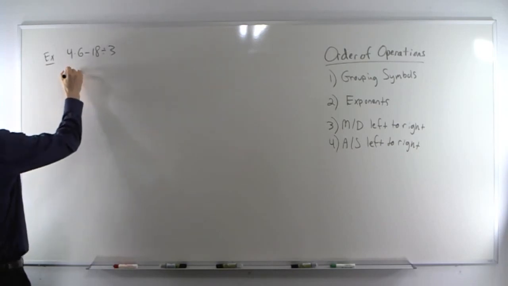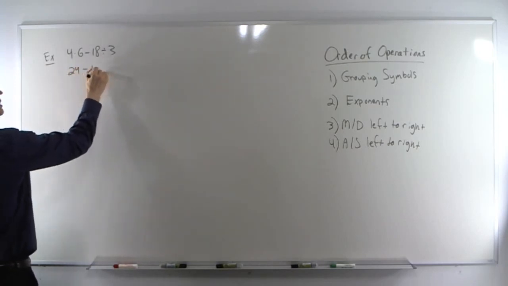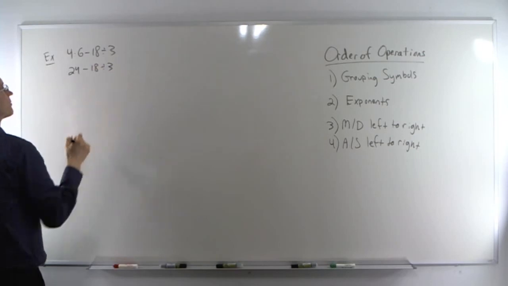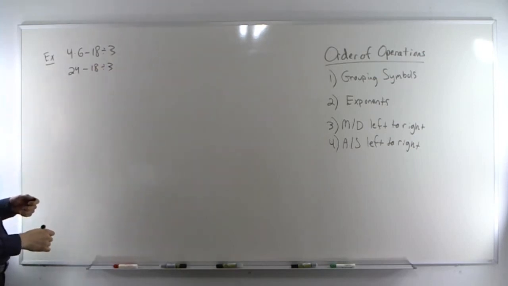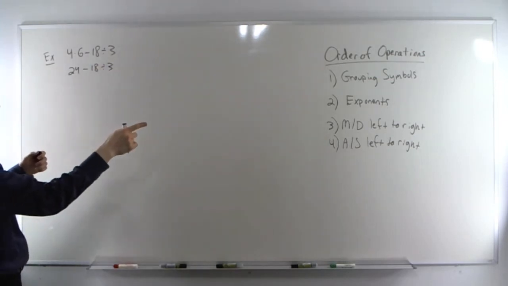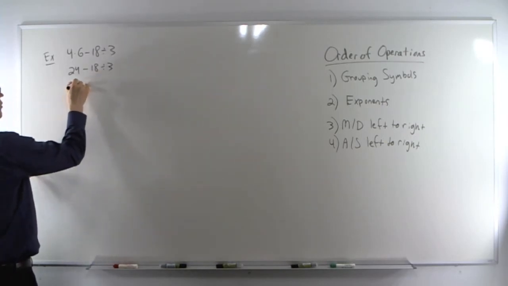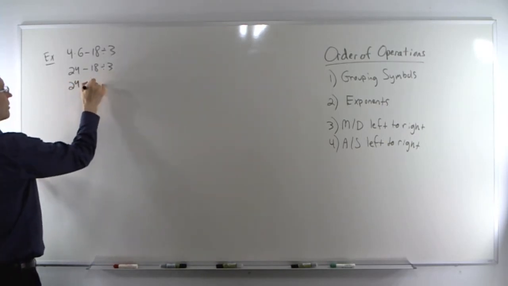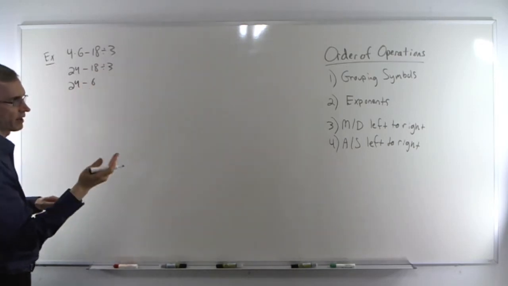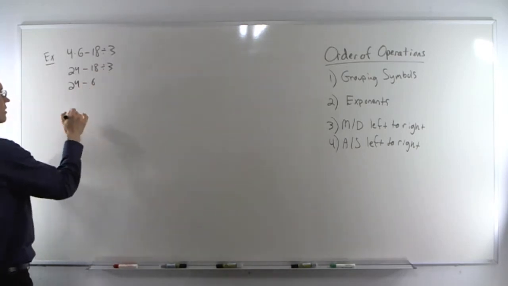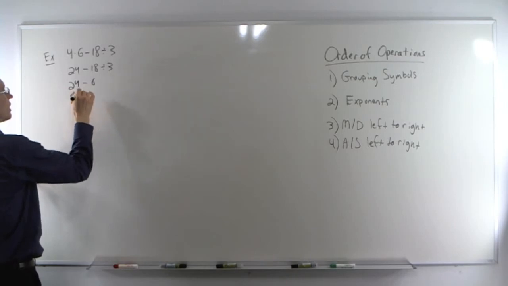So 4 times 6 is 24, minus 18 divided by 3. All right, next up, we have another division, so we're still on step 3. I'm going to do this one. So 24 minus 18 divided by 3 is 6. And then finally, we have a subtraction left over, so we're on step 4, and we get 18.